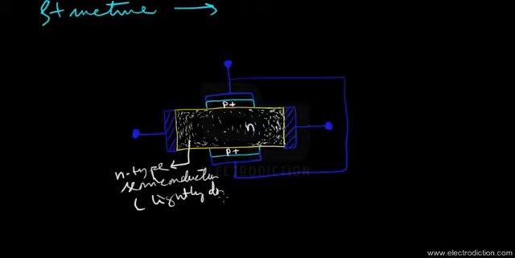The materials used could be either silicon or gallium arsenide, it's not a problem. This lightly doped N-type semiconductor actually serves as a channel, so we like to call it the channel. I'll tell you why we call it a channel.